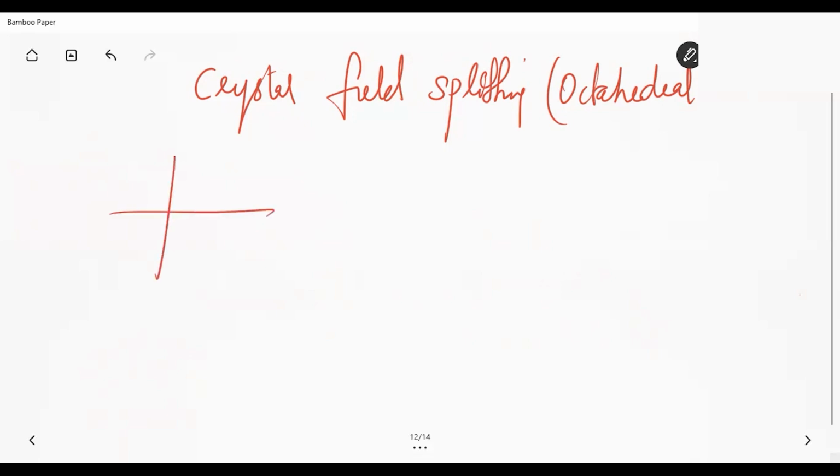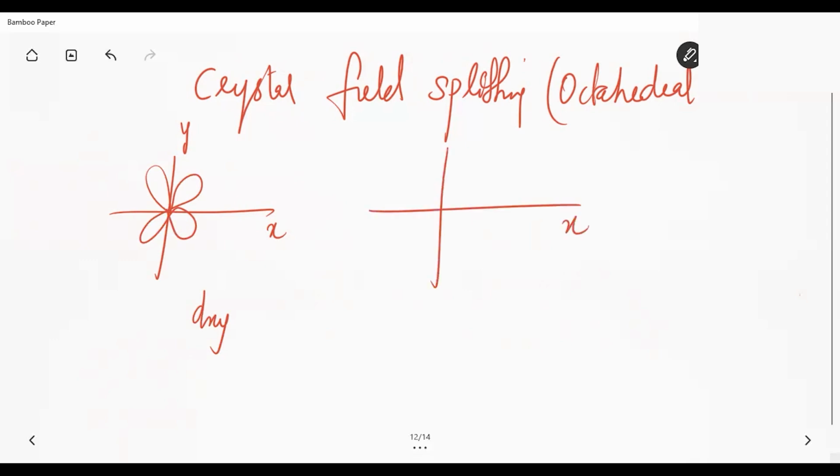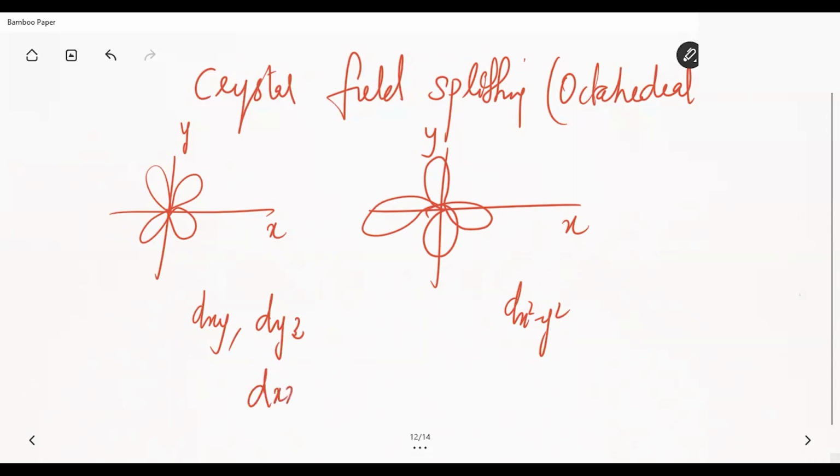If it is dxy, it lies between the axes. For dx square minus y square, the difference is that the lobes are along the axes. So this is the basic difference. dxy, dyz, and dxz are all similar.